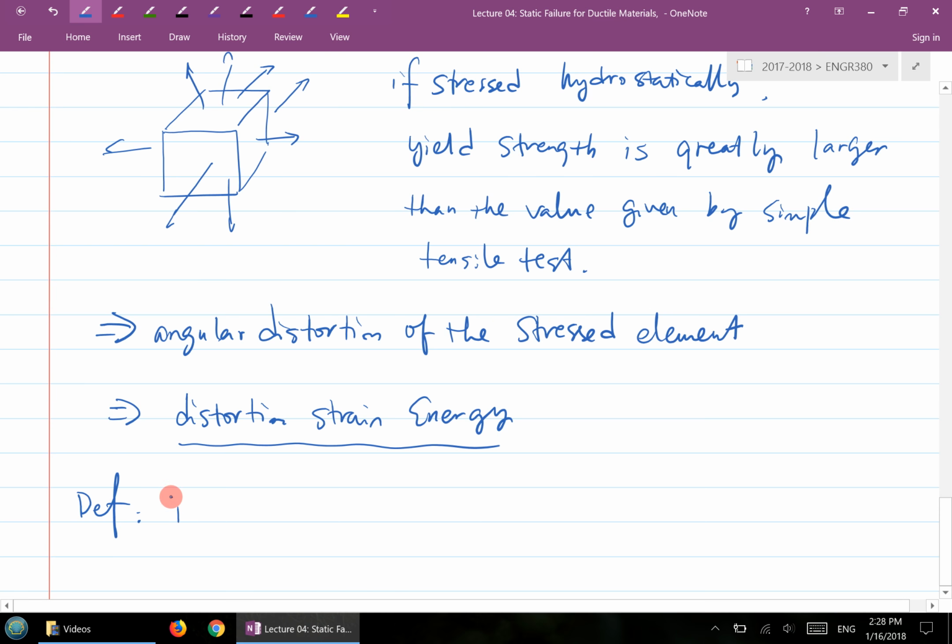Just as with the MSS theory, here is the DE theory.